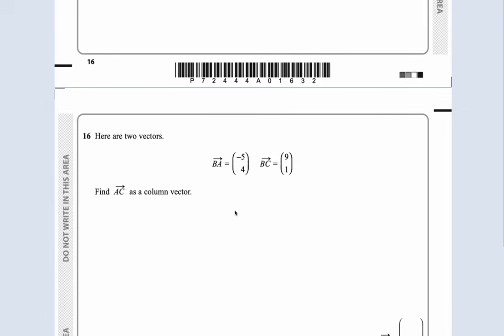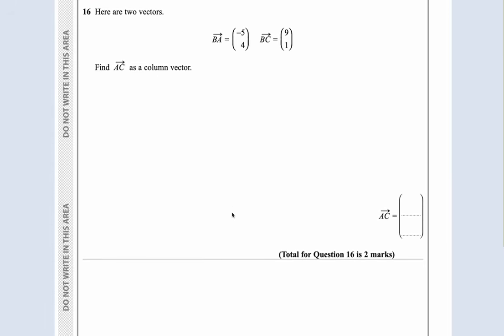Okay, question 16. Vectors. Here are two vectors. Write AC as a column vector. Okay, guys, it's nice, I think, to actually draw these out, right? So let's say BA is minus 5, 4.